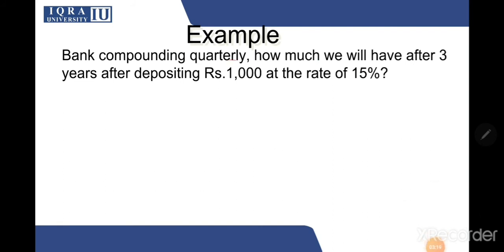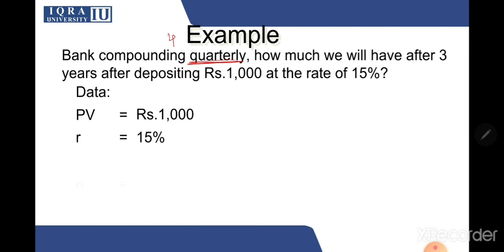But the bank is compounding quarterly. Quarterly means that interest is being paid 4 times in a year, after every 3 months. So let's make our data set. We know that the present value is 1000, the r is 15%, the n is 3, and the m is 4. The compounding periods are 4. So what is the future value? You can use the future value formula.